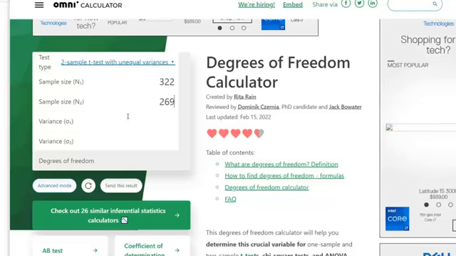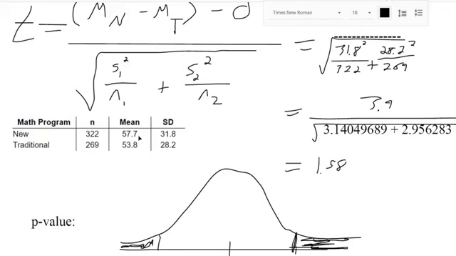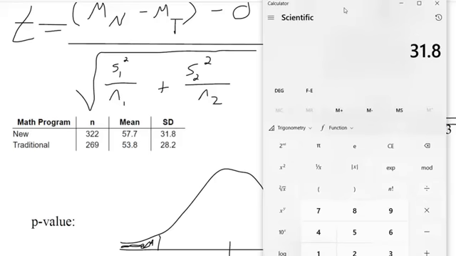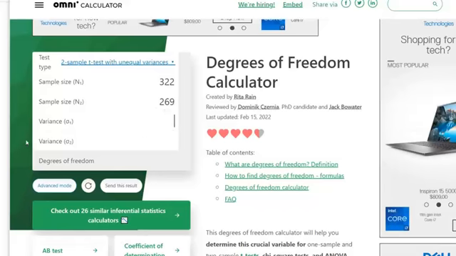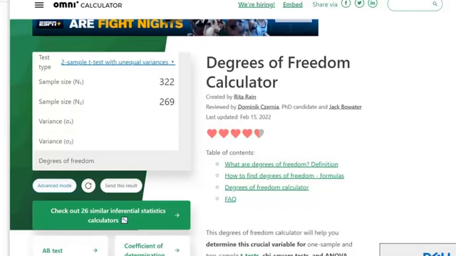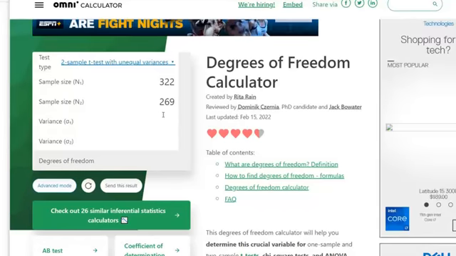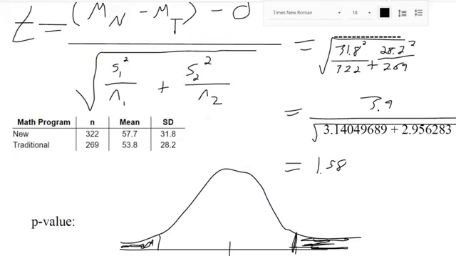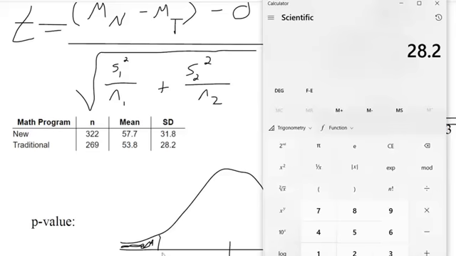I have my standard deviation, so my variance is just the square of the standard deviation. For the first group, it's 1011.24, and for the second group, my standard deviation is 28.2, so that's 795.24.